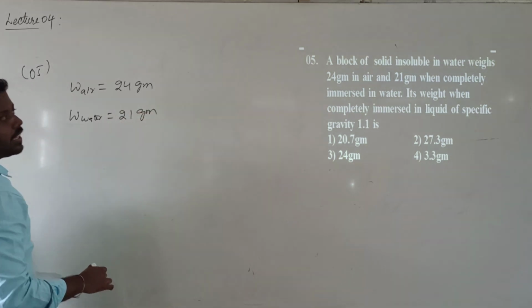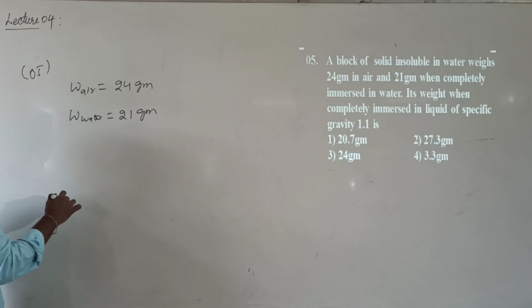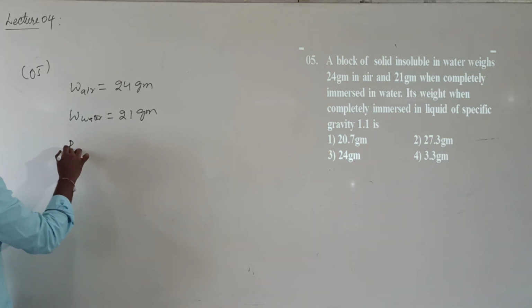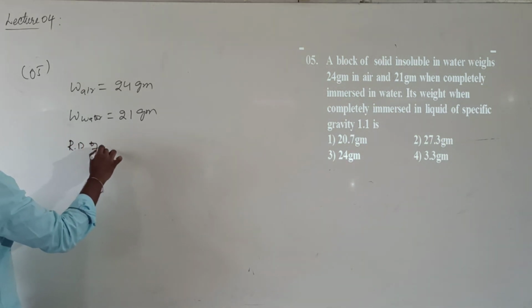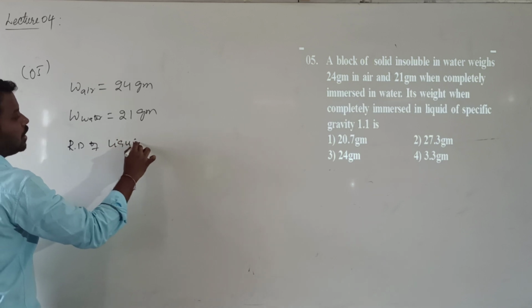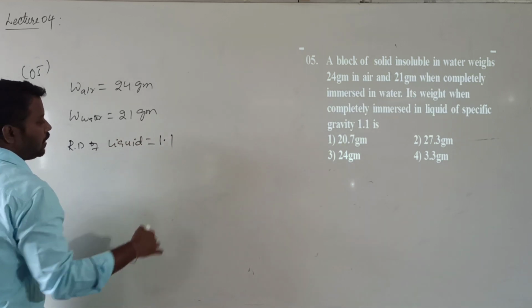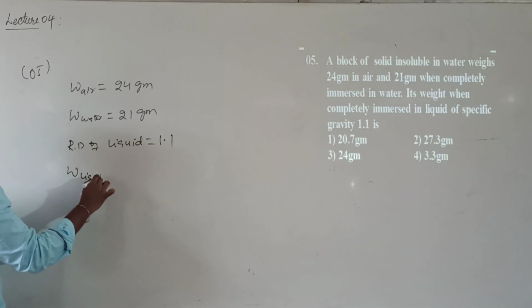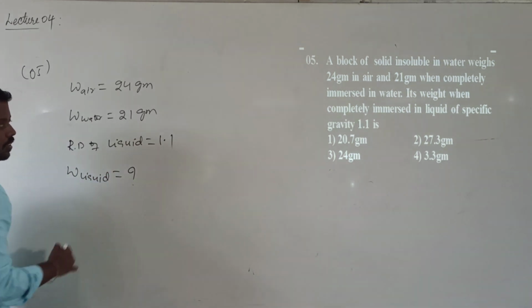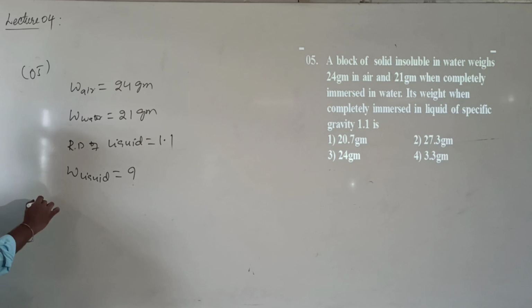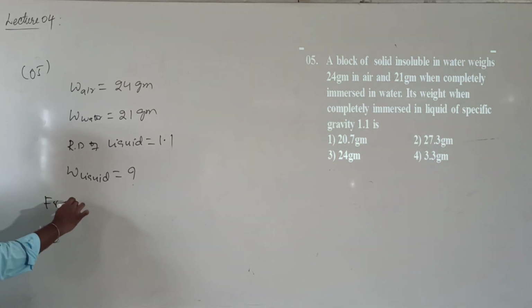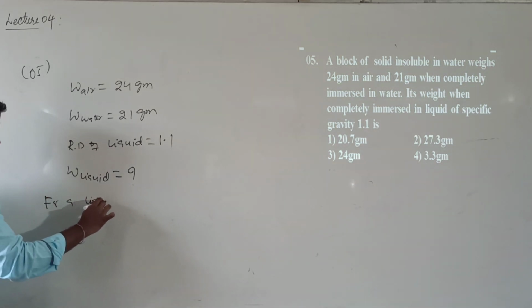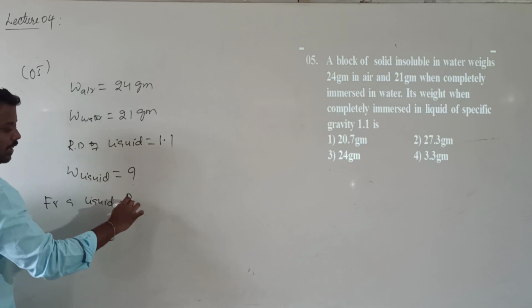So what are they asking us to calculate? The relative density of the liquid is given as 1.1. They are asking for the weight of the body in liquid. Can you remember the formula for relative density of a liquid?